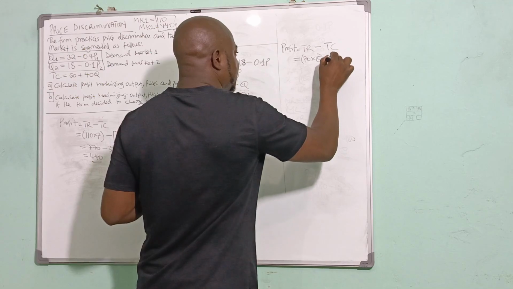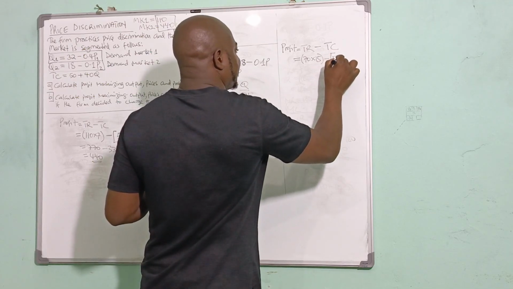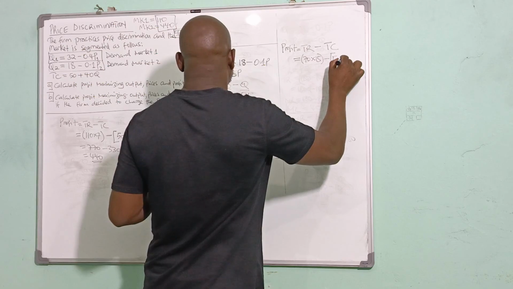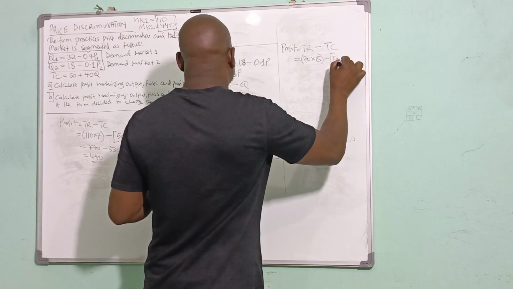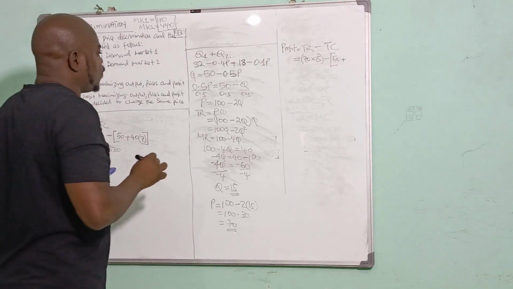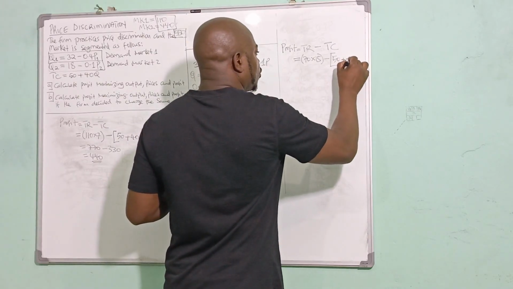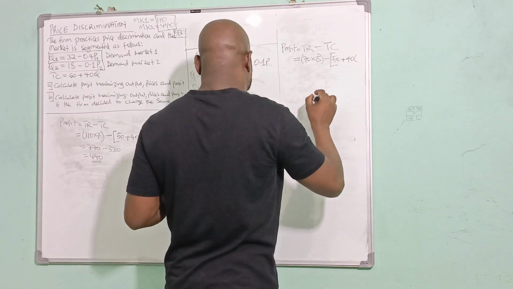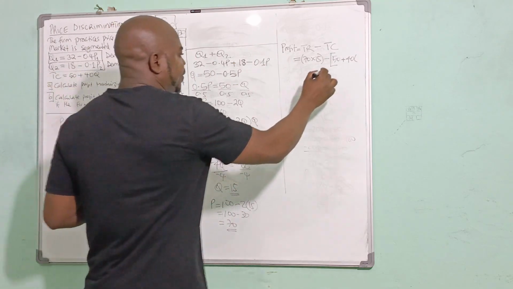The total cost is 50 plus 40Q. Where there is Q there, I'll place 15.